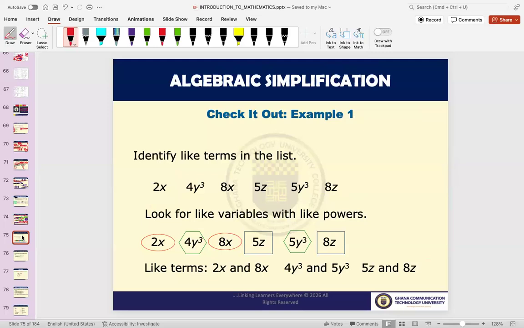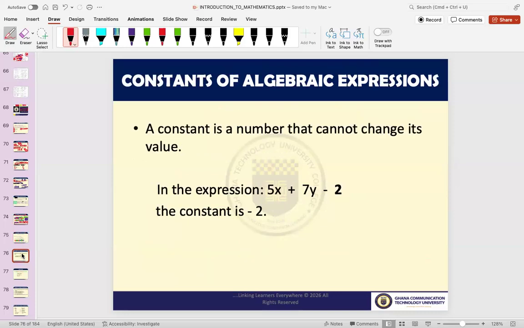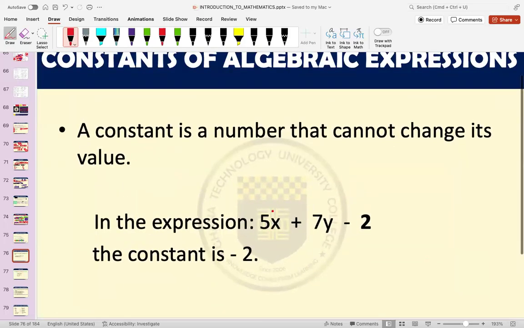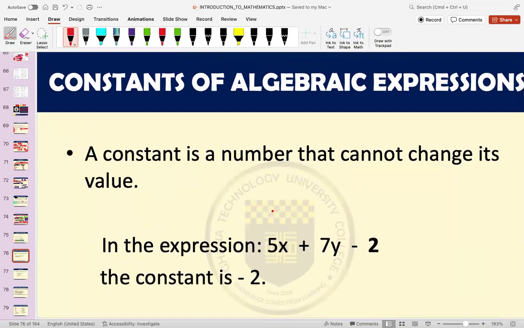Now, there are other things also that we can work out from algebraic expression. The other property is that all the combinations you see, anytime you see a constant, is a number.